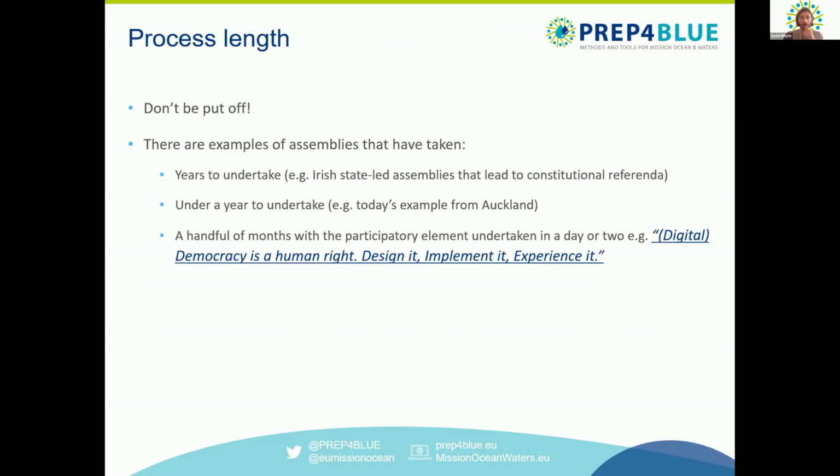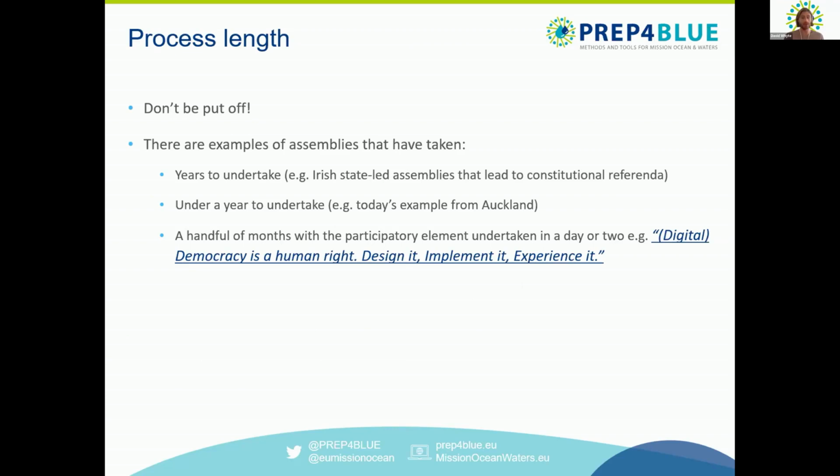And just finally, on process length, I would say in terms of Mission Ocean projects or activities, definitely don't be put off. There are examples that take years to undertake, like, for instance, the Irish-led, centrally managed ones that take years and end up changing constitutional questions. Others are under a year to undertake.